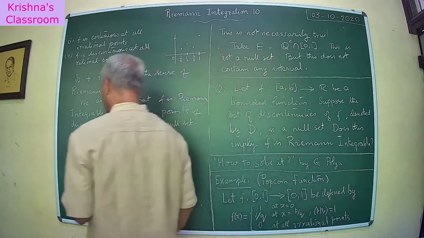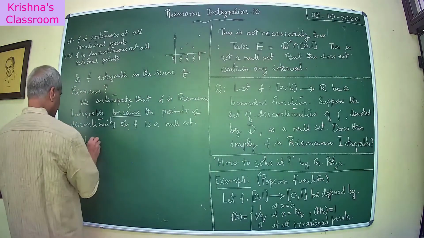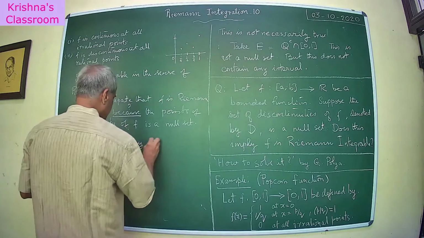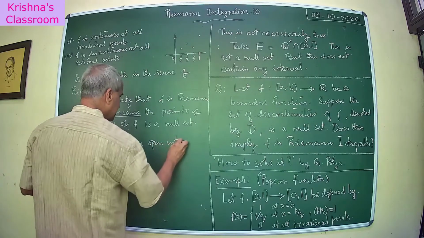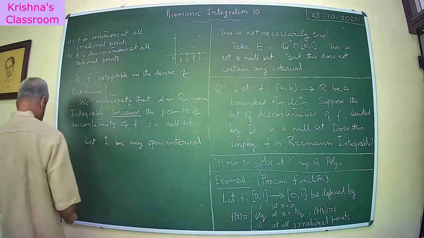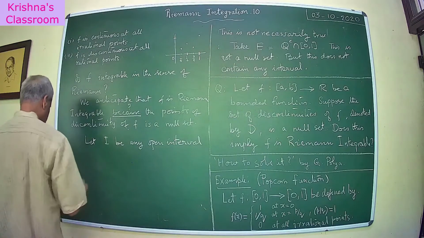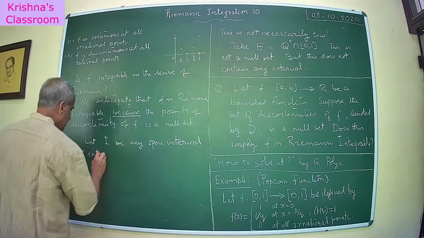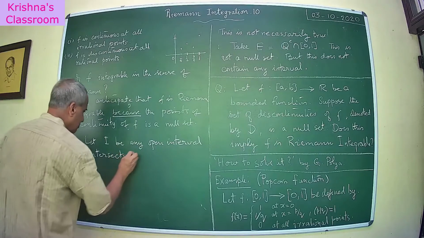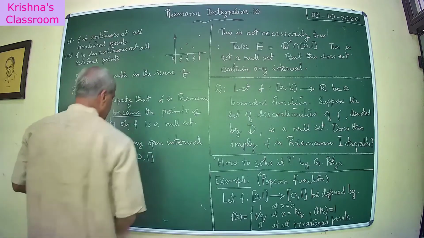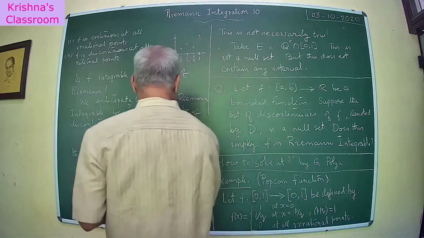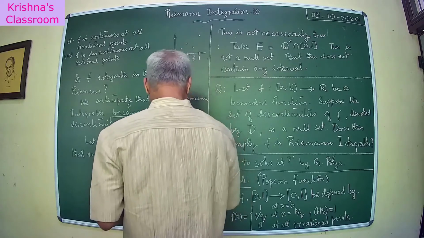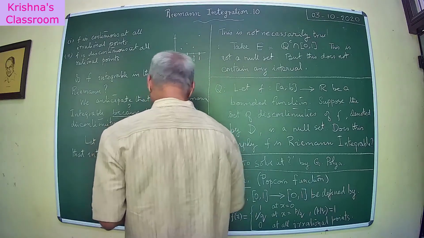So we make some observations. Let I be any open interval that intersects 0, 1. So it is something like this. So we have the interval 0, 1 and I is either like this or something like this.